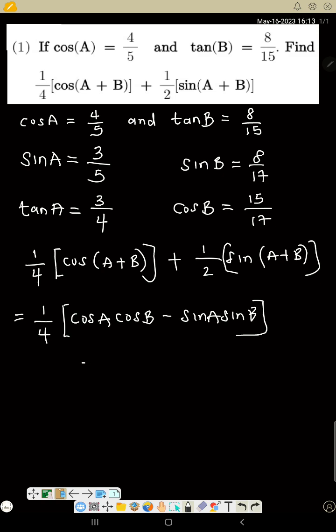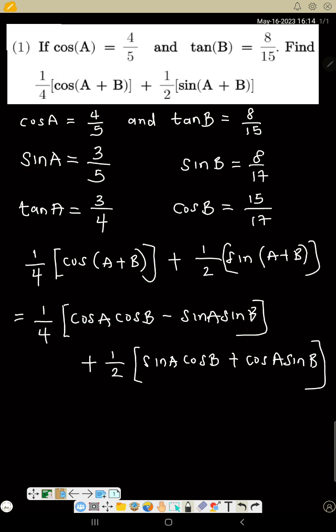Then plus 1 over 2, then sine(A plus B). The identity is sine A cos B plus cos A sine B.